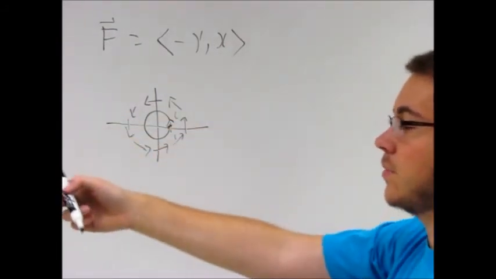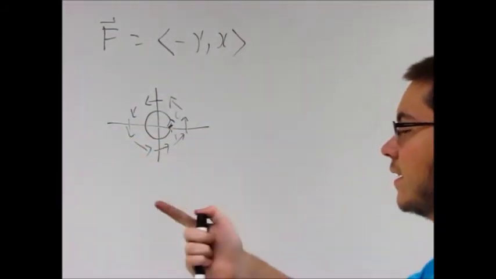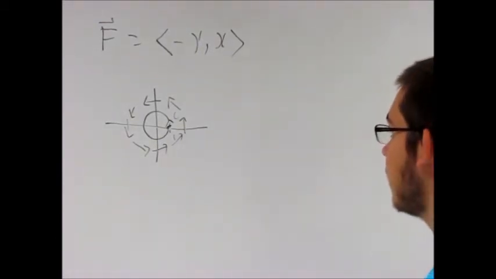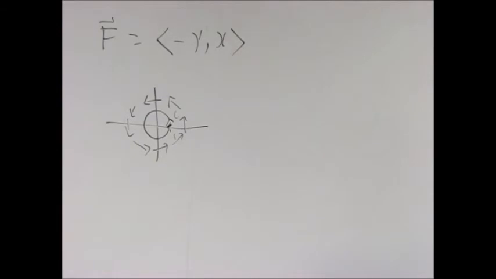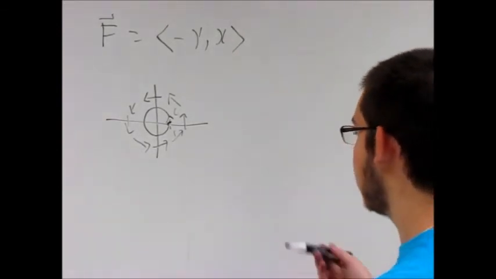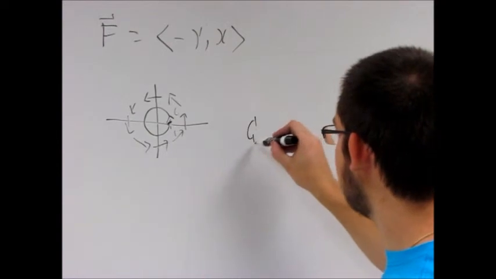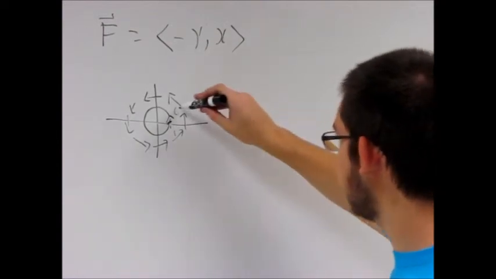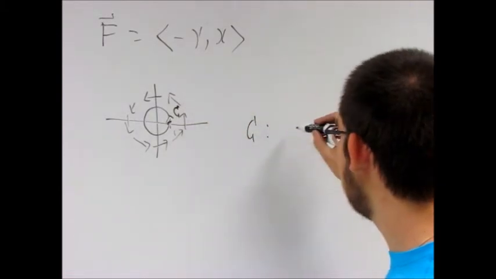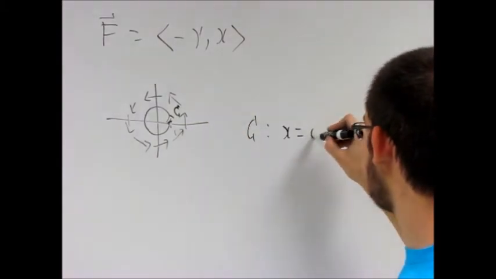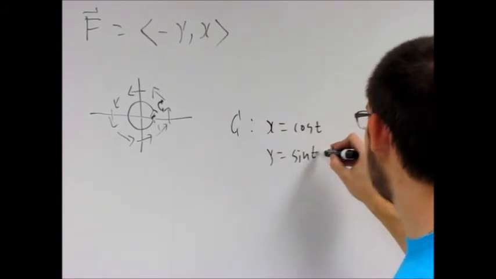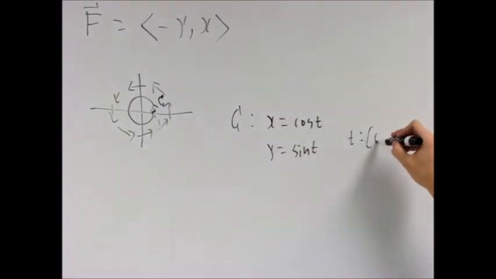If this were a gradient field, the gradient of a potential function, then the integral should be equal to 0 according to this corollary of the theorem. So let's see. Our curve C: we can just say x equals cosine t, y equals sine t, from 0 to 2 pi.